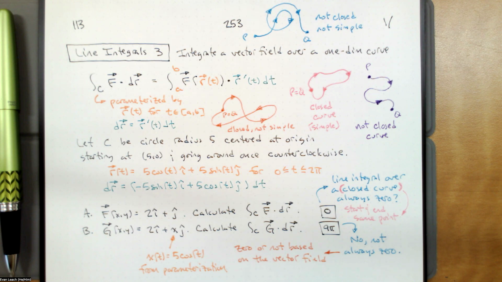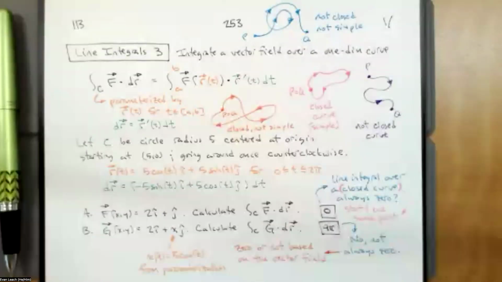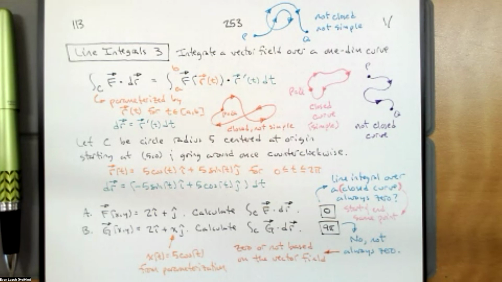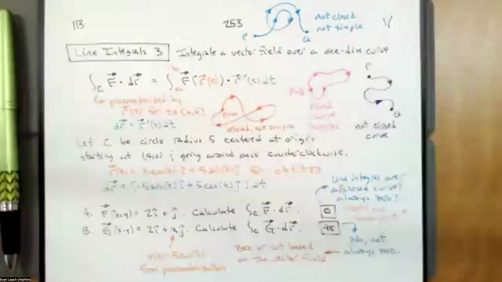So yesterday, we integrated 2i plus j over various parts of a circle. And we speculated that if we integrated all the way around the circle, we would end up with 0, which is the case. This leads us to think that a line integral over a closed curve, is that always going to be 0? And so today is about saying, no, not always.